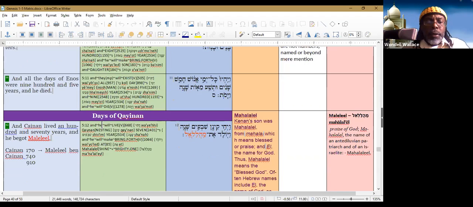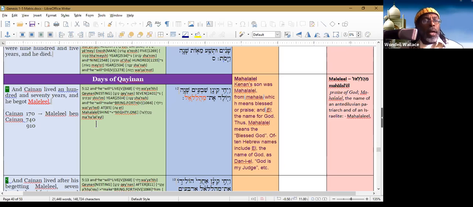Okay, next. Let's see. Right here. Okay. And Canaan lived 100, it says 170 years, and he begot Maleleel. Okay, so this map over here says Canaan was 170. Maleleel ben Canaan was 700. He lived 740 years.